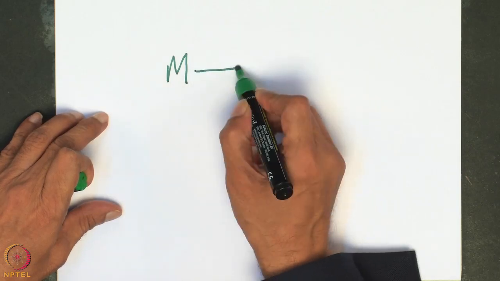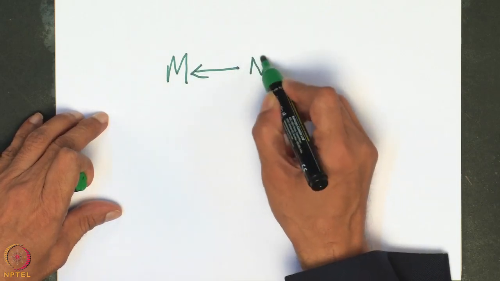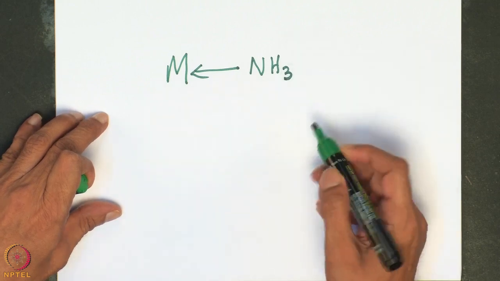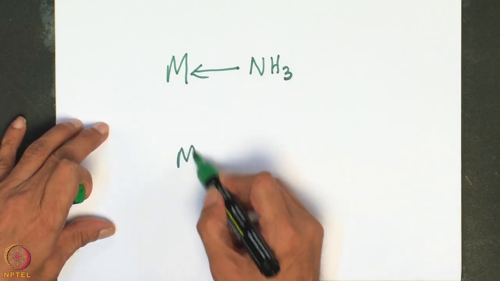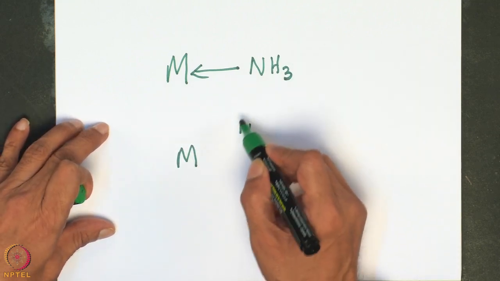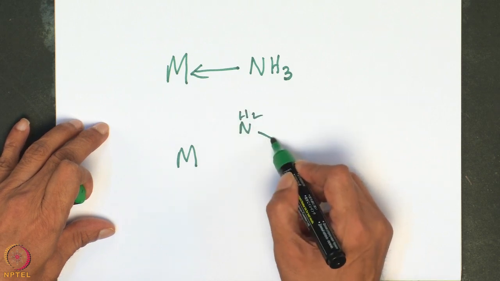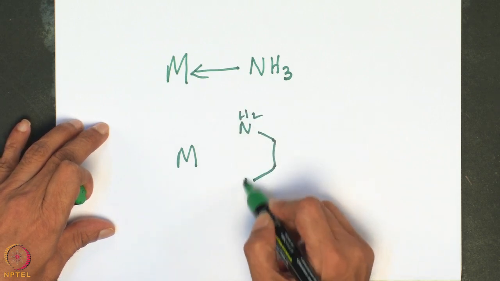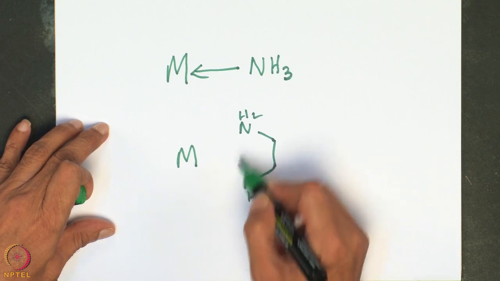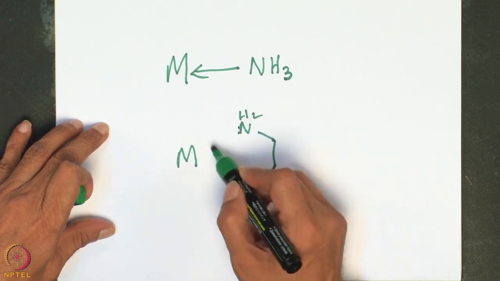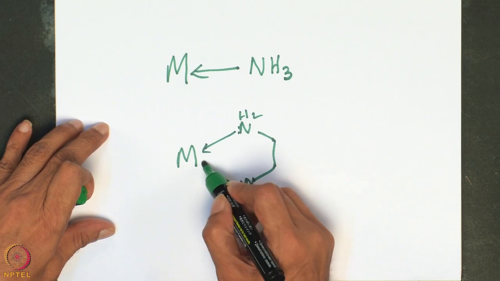So, when you have a metal ion and let us say a monodentate ligand, you have only this. Now, let me take a metal ion with two binding centers, and let us say you have the nitrogen here and binding together.